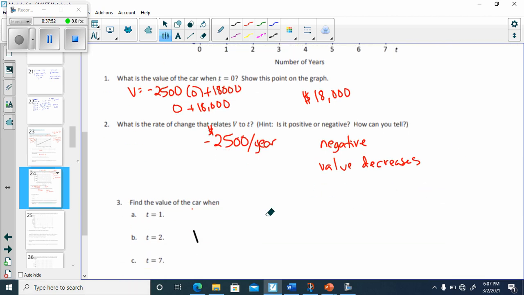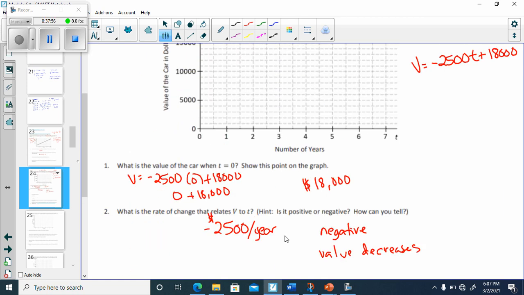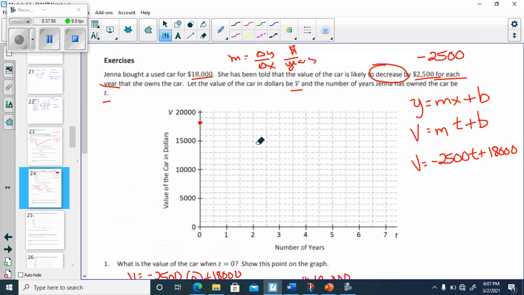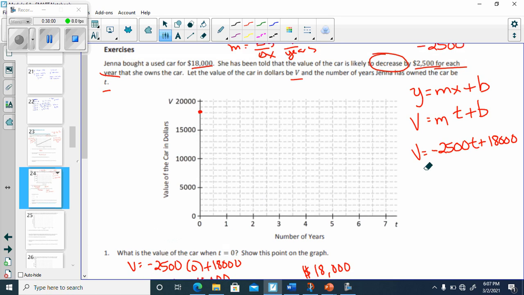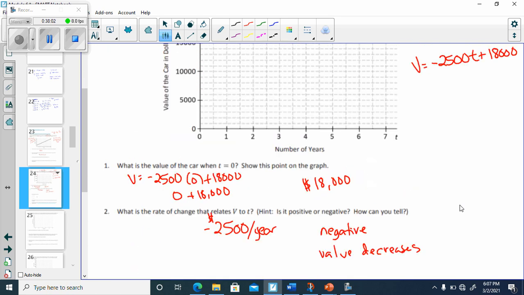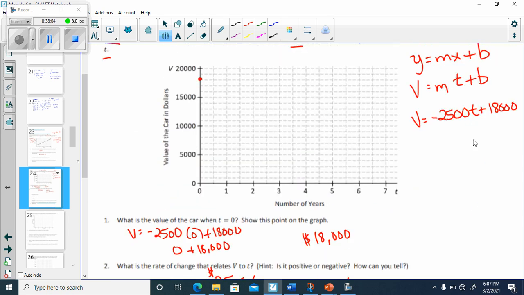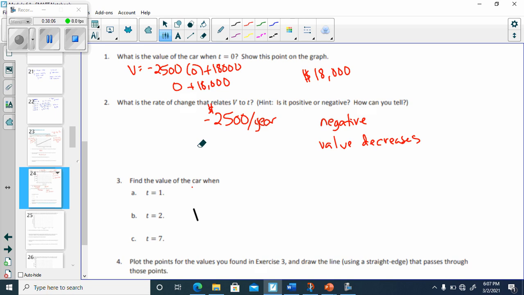Find the value of the car when T is 1, T is 2, and T is 7. T is 1, okay? Well, at time 1, would we put in 1 to our equation? Y is equal to negative 2,500 T plus 18,000. Let's see. Value equals negative 2,500 T plus 18,000, okay? Now let's put in 1 for that.